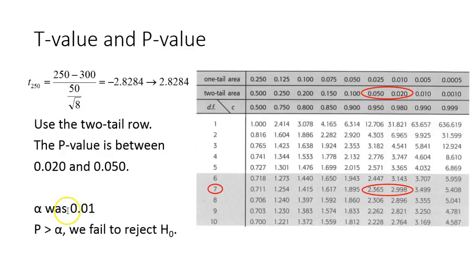So because the p-values here, the smallest p-value we have is 0.02, and that's bigger than 0.01. So if p is bigger than alpha, that means we fail to reject.